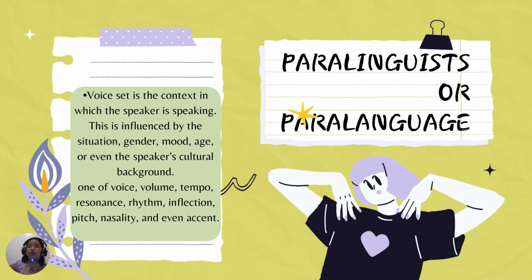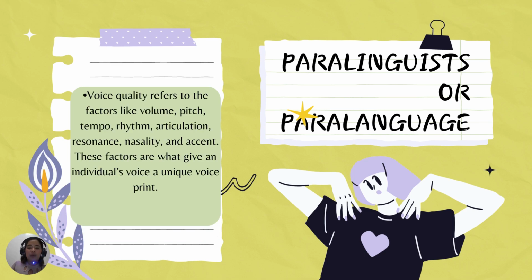Of course, when I'm talking to my friends, I have a different type of pitch and a different type of accent. But when I talk to my students, of course, I have a different accent too. So with that, we try to look into what type of communication surrounds it, and therefore we try to make meaning and interpretation of it. So that is paralanguage.